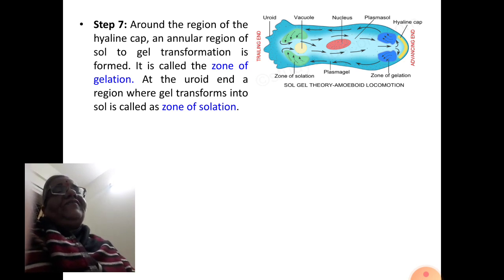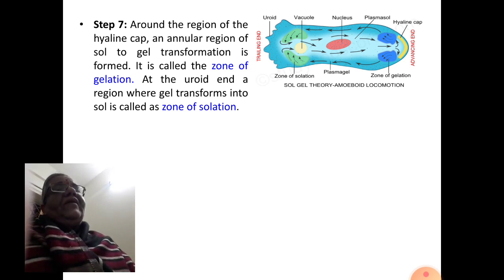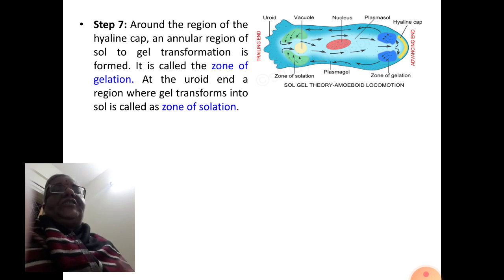This is the region where whatever sol had become gel and joined the ectoplasm in these green colored areas, here again absorbs water and transforms into sol. So you see the zone of solation, opposite to the zone of gelation.